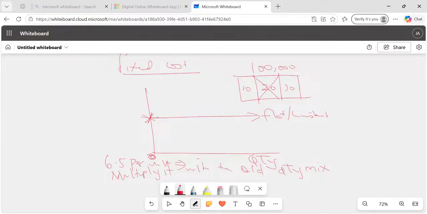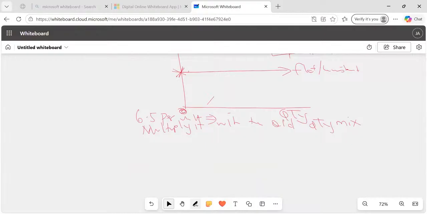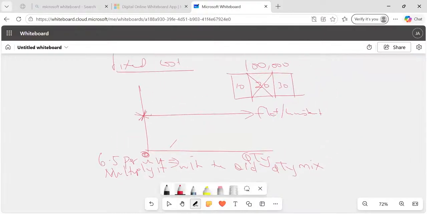Otherwise, your fixed cost will become variable in general. Fixed cost, whenever it is given on a per unit basis, shall always be multiplied with the very initial quantity mix provided, and it shall always be assumed to remain constant.